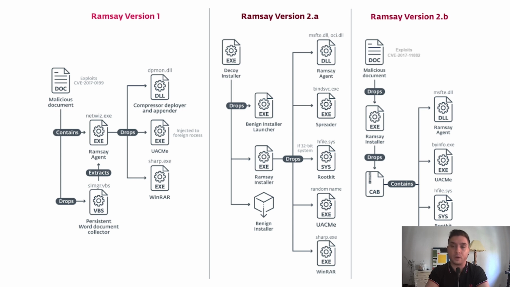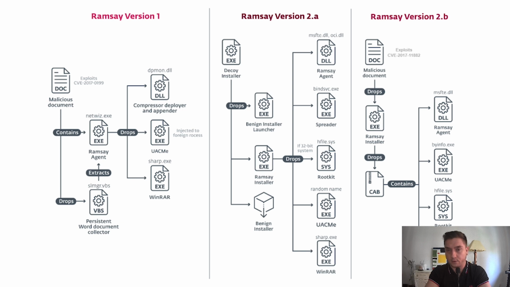And then on the other hand, we have Ramsay version 2.b, which again gets dropped from a malicious document, but this time leveraging CVE-2017-11882, which is a vulnerability related to the Word equation editor.